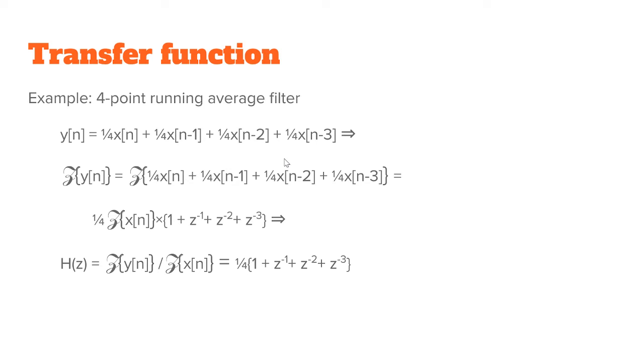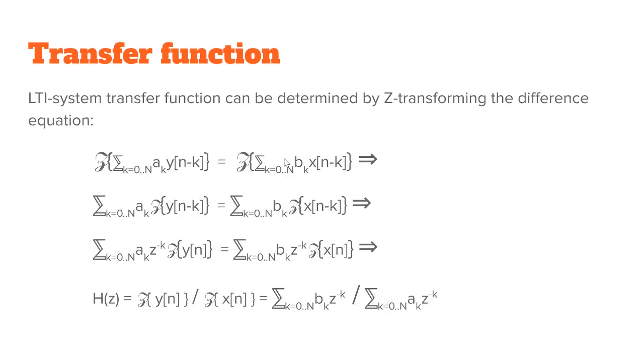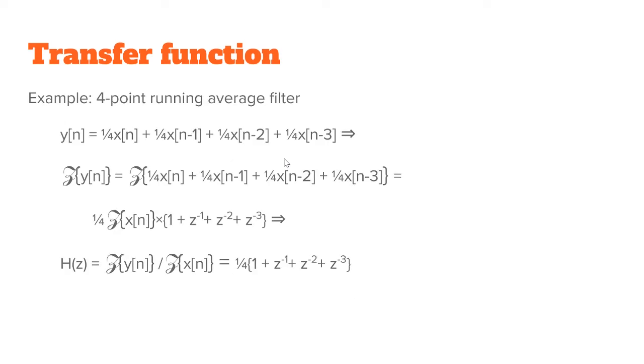All right. So I have this example of the 4-point running average filter. The output, this one without a feedback term, is a quarter of x[n] and so on.